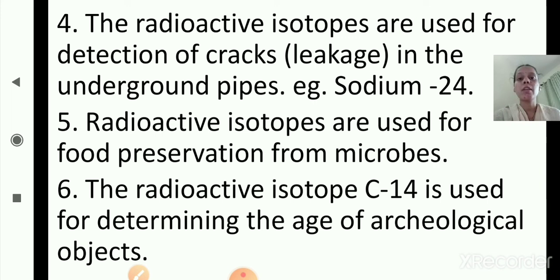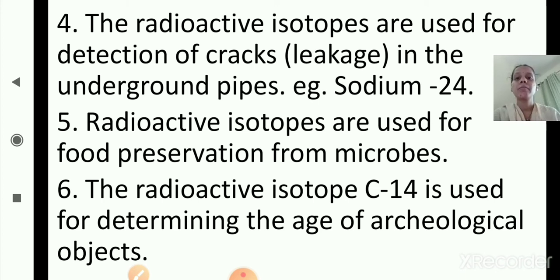Today we have studied the definition of isotopes and the uses of isotopes. What is the definition for isotopes? In nature there are different elements. In that, some of the atoms have the same atomic number and different mass numbers, so they are called isotopes. For example, carbon has 3 isotopes, C12, C13 and C14.